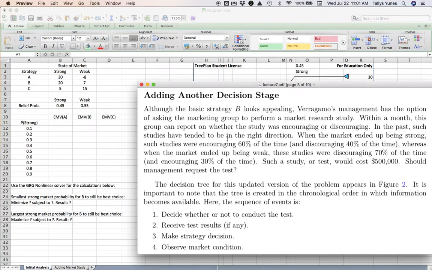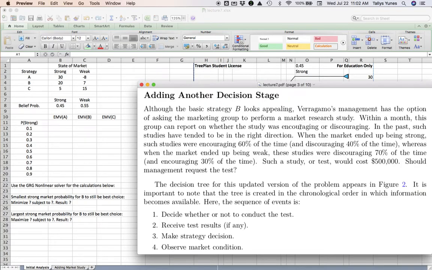And let me read to you what they say here. Although the basic strategy B looks appealing, Verragamo's management has the option of asking the marketing group to perform a more comprehensive market research study beyond what they have done so far. Within a month, this group can report on whether the study was encouraging or discouraging.